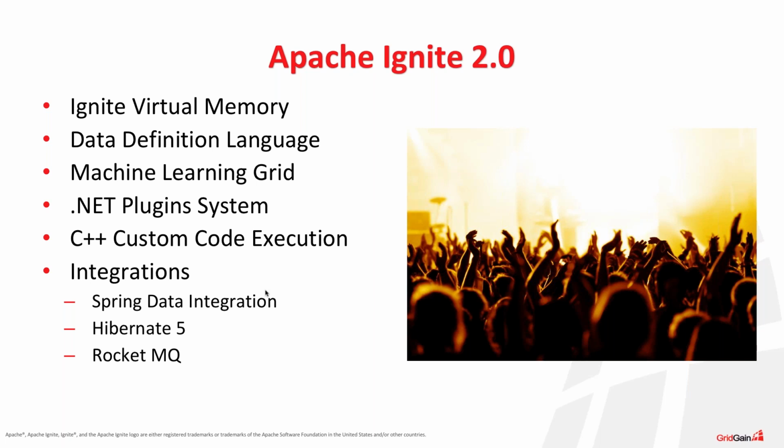Next, the biggest addition of the Apache Ignite 2.0 release is the machine learning framework, which is called Machine Learning Grid, to follow the naming of the rest of the Apache Ignite components. And what's interesting about the Machine Learning Grid is that we had a lot of conversations with our users.